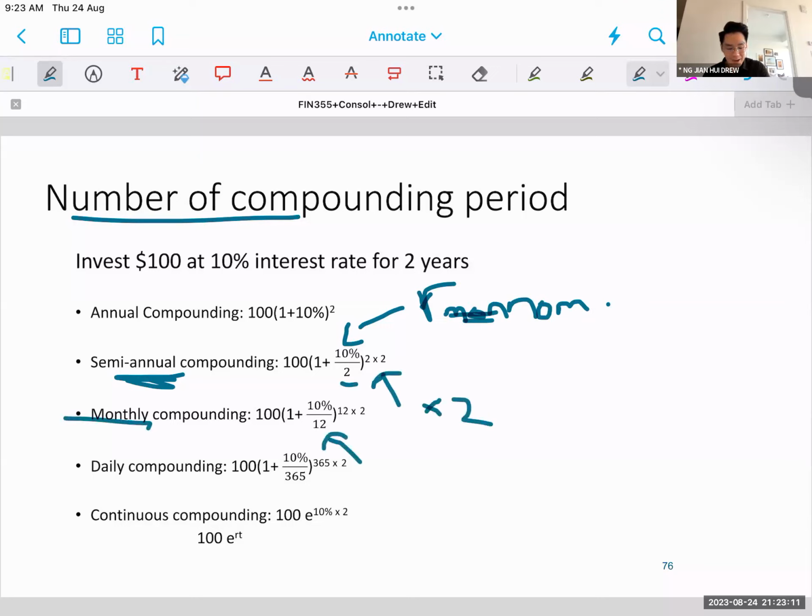Monthly, you divide by 12, and this one you times 12. Daily, 360. So just take note. Don't worry about continuous compounding, we will not be using this.